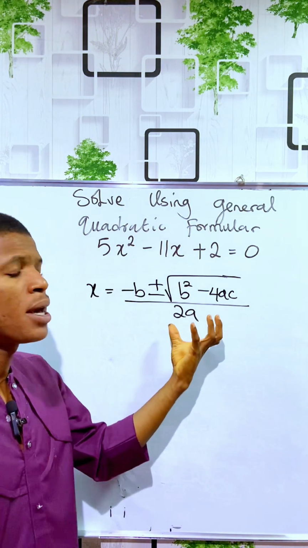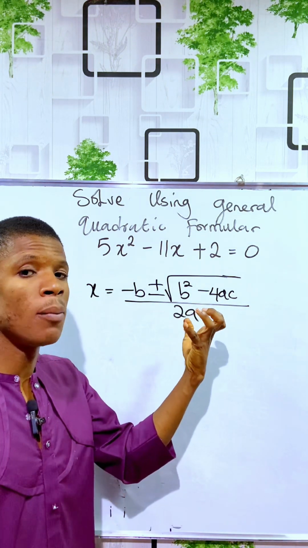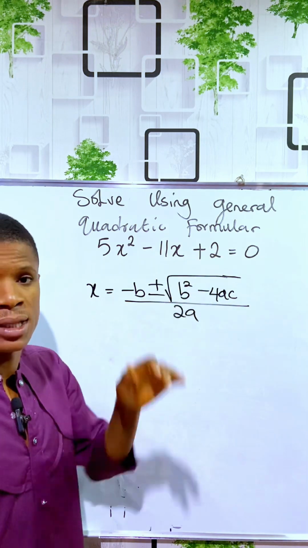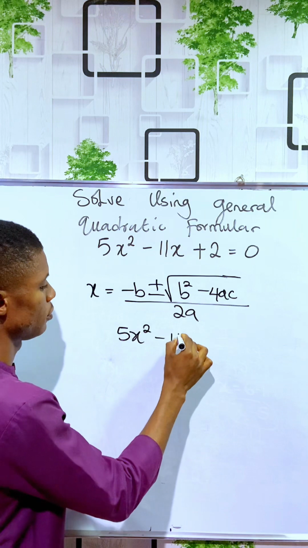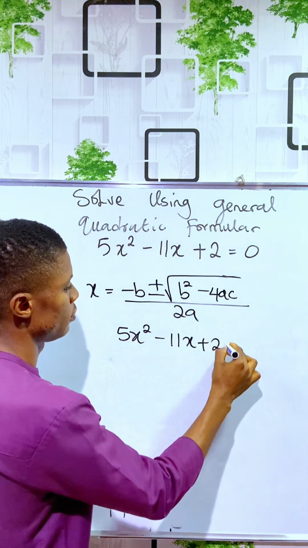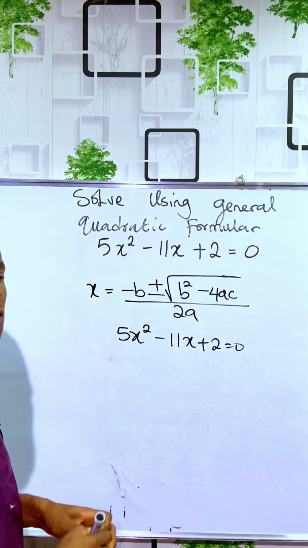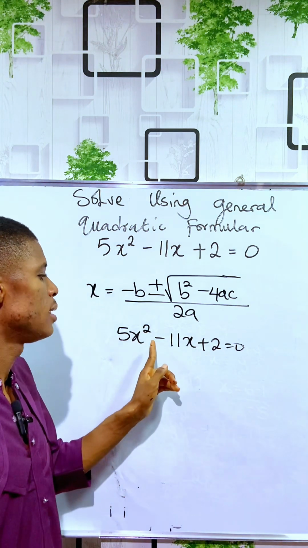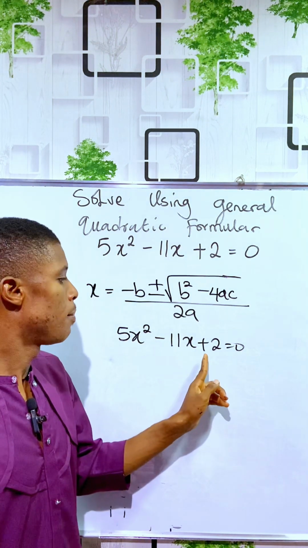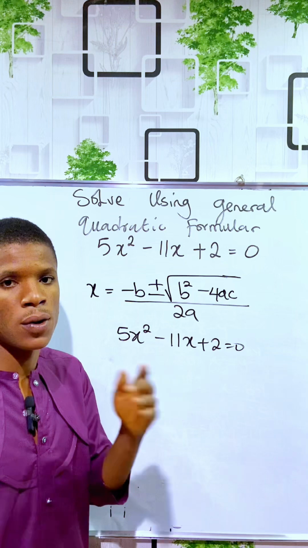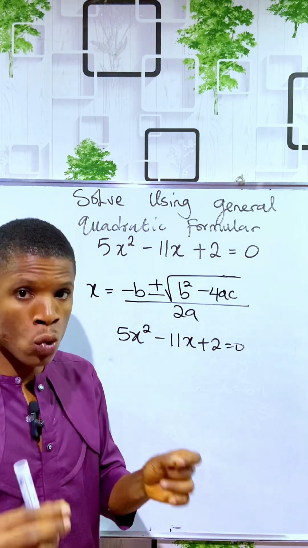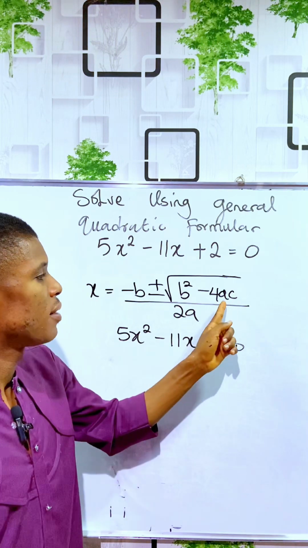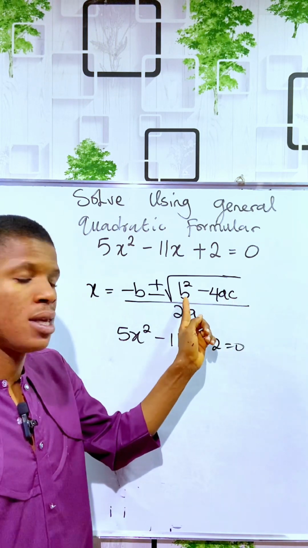But before we can apply the general quadratic formula to this given quadratic equation, 5x squared minus 11x plus 2 equals 0, we are going to compare it with the general quadratic equation so that we can find the values of a, b, c.